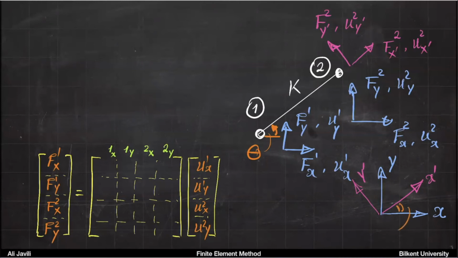Remember, this is the angle theta that we had up there. And now if I look at the pink coordinate system, this is very nice because it follows, let's say, the truss or the element itself, and I can think of the coordinate x prime, y prime as that one-dimensional coordinate that we had previously. So all I have to do is just put this here.